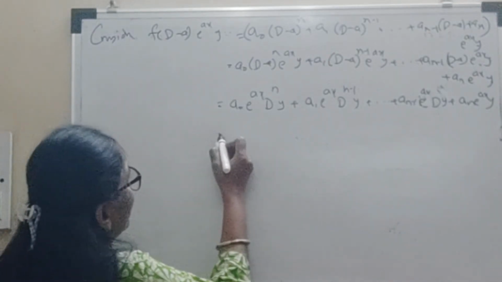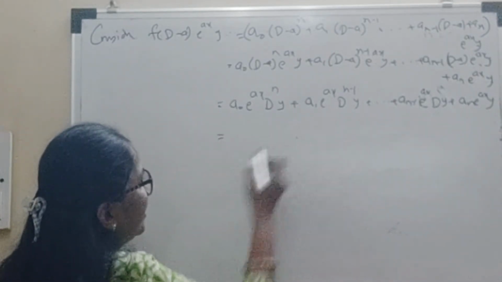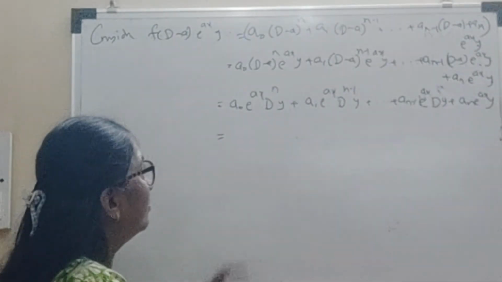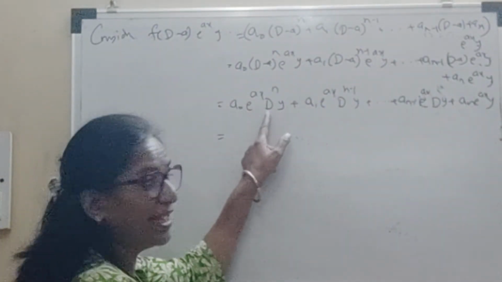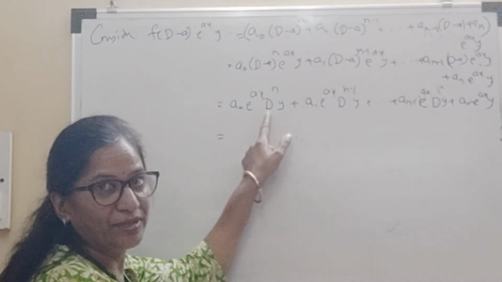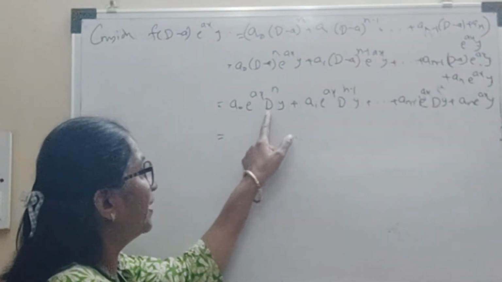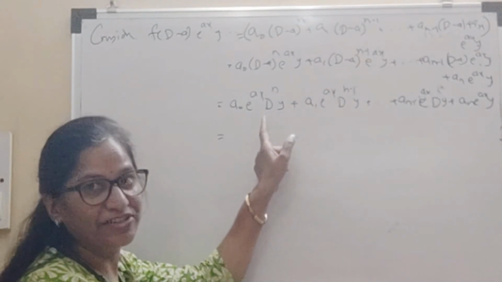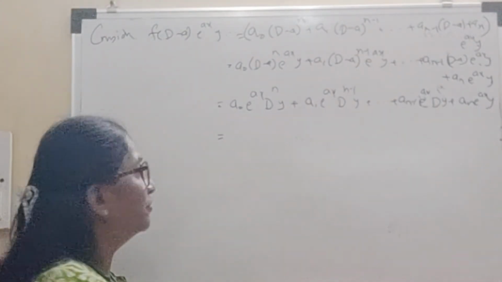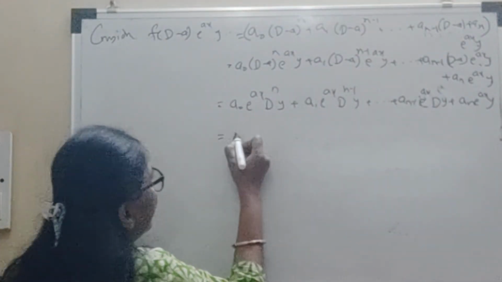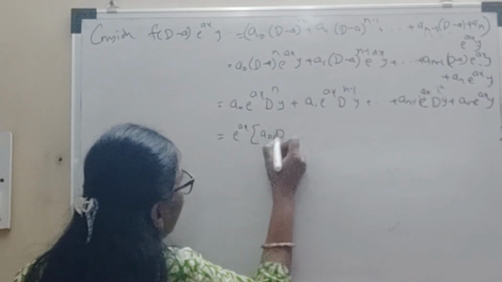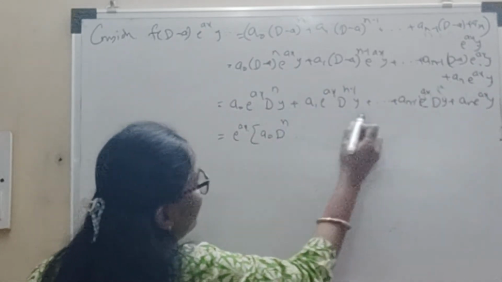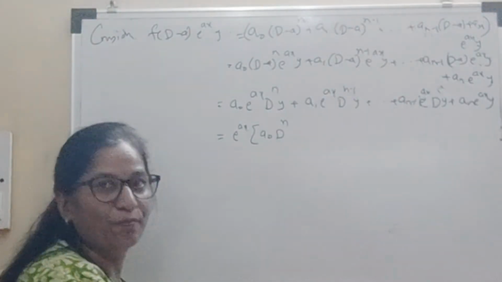So we shift e^(ax) as a pre-factor, not as a post-factor, because after e^(ax) we have the operator, and we know that operator multiplication is not commutative. Therefore we shift e^(ax) as a prefactor, and inside the bracket a0D^n, and everywhere there is y as an operand.